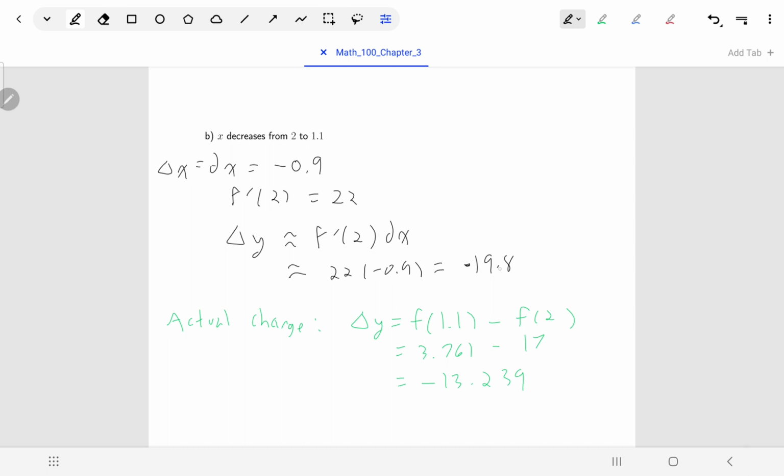And the reason for the delta y and the dy not being as close to each other as we'd like is because we have a bigger gap between the 2 and the 1.1. The previous part, we had the 2 points really close to each other. They were only 0.1 apart from each other. Here the points are 0.9 apart from each other. It's a bigger gap, which means a bigger difference between dy and delta y.